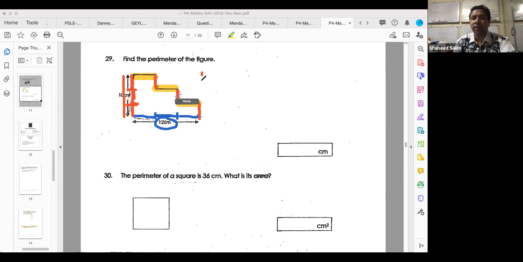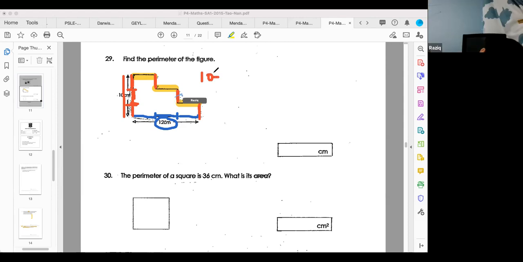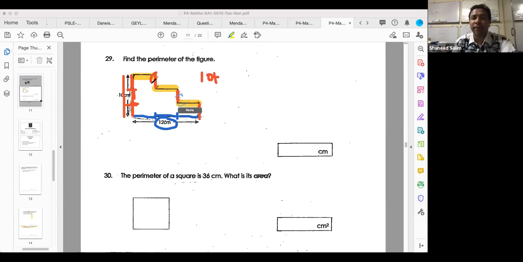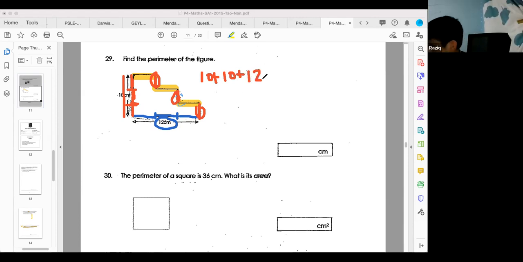That's it. That's why you don't need to find individual parts. What we know, when you add these 3 parts together, they become 10. So 10 plus 10. What about the yellow parts? It looks like 4. I say it doesn't matter if it's 3 or 4.